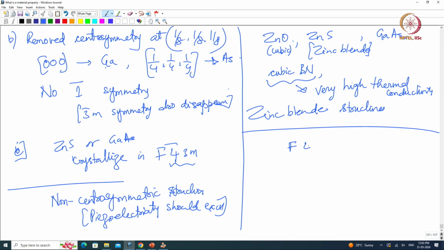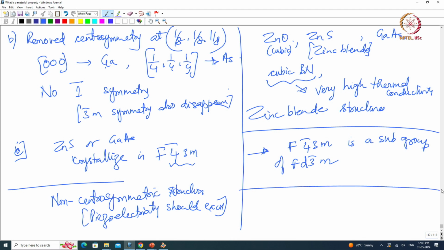So you can actually say that F4 bar 3m is a subgroup of Fd3 bar m. Okay. So that is how we can interpret these structures.